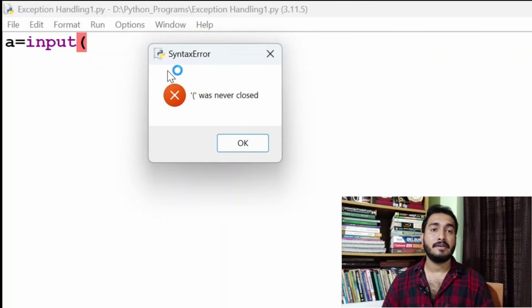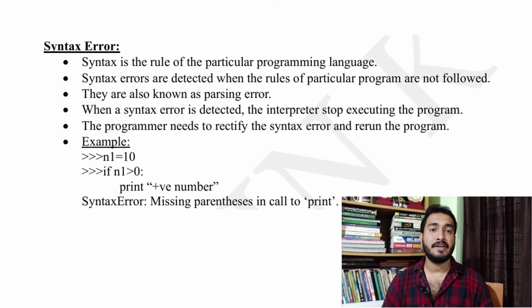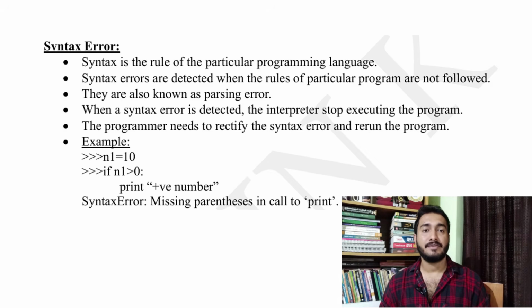Okay. Now let's go to the textbook definition. Syntax is the rule of the particular programming language. So we know that when we write a program, we have to follow some rules. Each and every programming language has its own rules. So we have to follow that while writing the program. Such rules and regulations are called as syntax of that particular programming language.